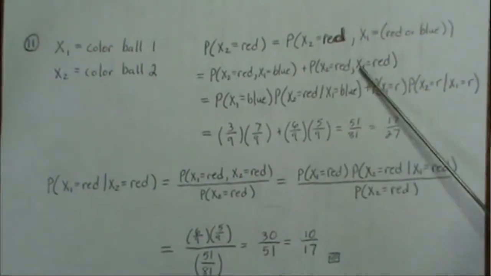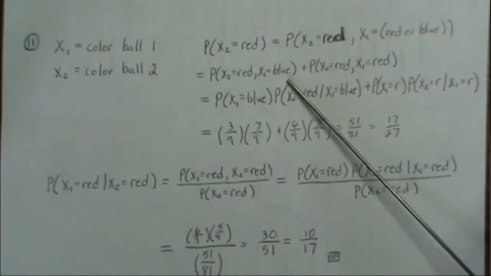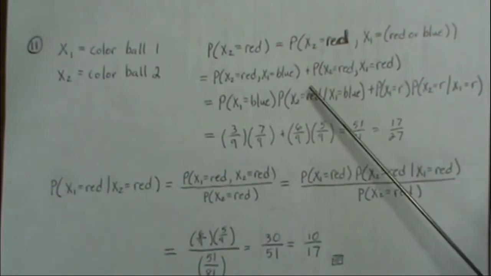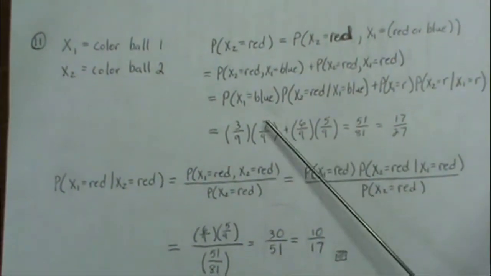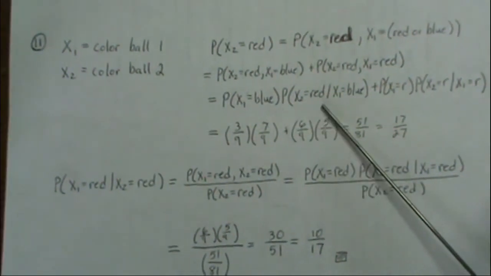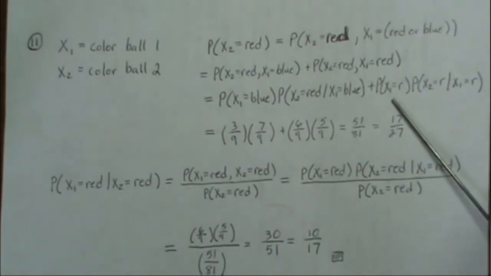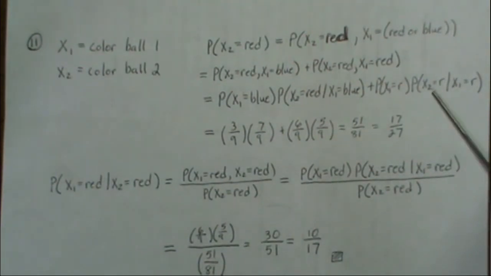This equals the probability that x2 is red and x1 is blue plus x2 is red and x1 is red. So this piece can be written as a conditional: the probability that x1 is blue times the probability that x2 is red given that x1 is blue. And this one too: the probability that x1 is red times the probability x2 is red given x1 is red.